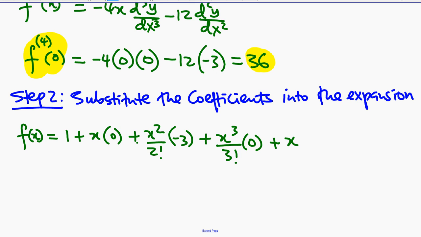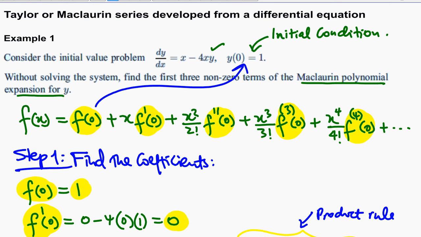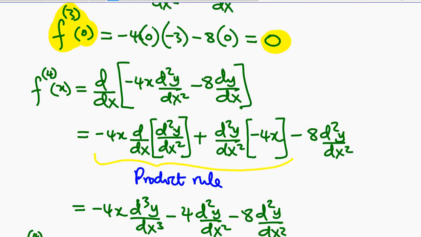So you just use those derivatives, plugging in the derivatives at x equals 0 and y equals 1 to get those. So basically I'm using these guys here to find those coefficients, and I have them here. I've already highlighted them, so I'm not going back and forth to write them down.